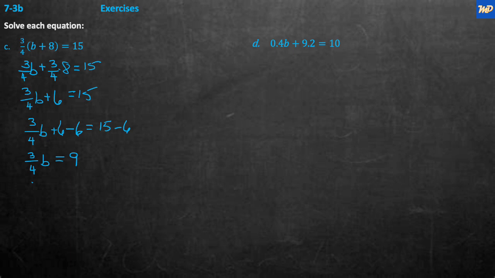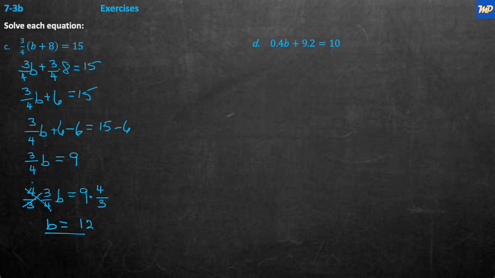The reciprocal of 3/4 is 4/3. So 3/4 B is equal to 9 times 4/3. So these all cancel, and B is equal to 9 divided by 3 times 4, which is 12. B is equal to 12.